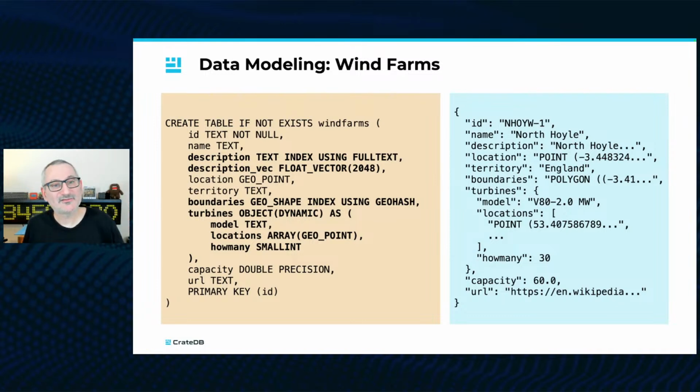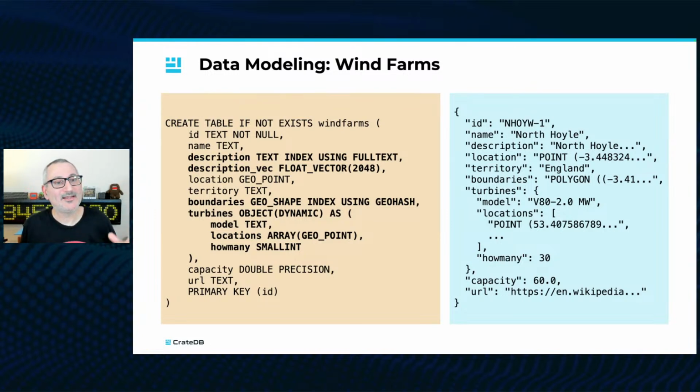And the boundaries field is a geo shape. So that can be any sort of GeoJSON or WKT data that describes the overall shape of the wind farm. And we can use that in queries as a clause. So we could say which wind farms are within this polygon that we've drawn or intersect with this polygon we've drawn, and use that to limit our queries.